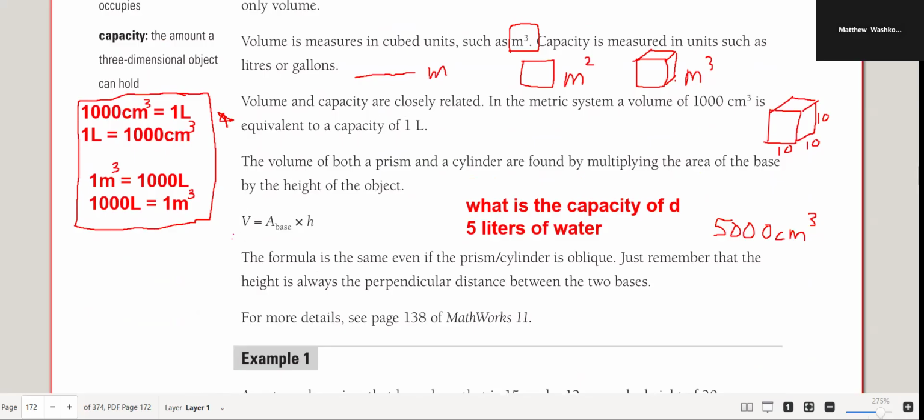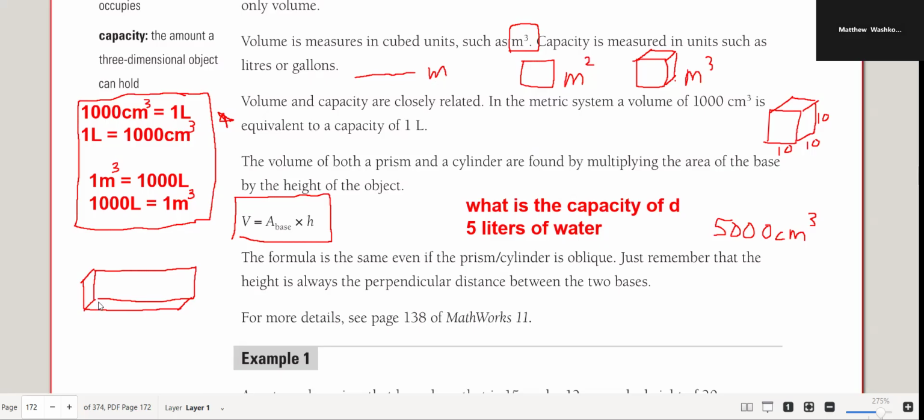Now there is a general formula here, which is essentially to find the volume of any prism or cylinder, you take the area of the base, right, the bottom of it. So if I give you a rectangular prism here, we're looking at it from the bottom.